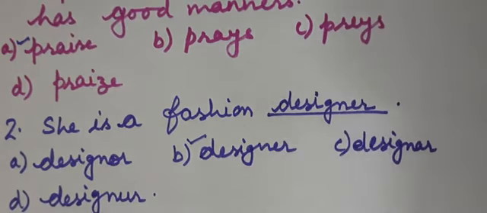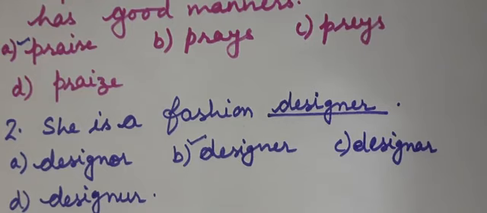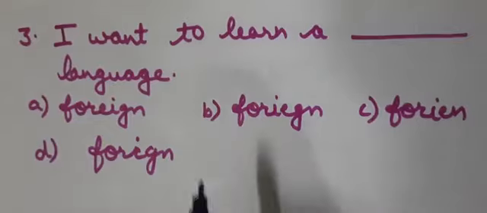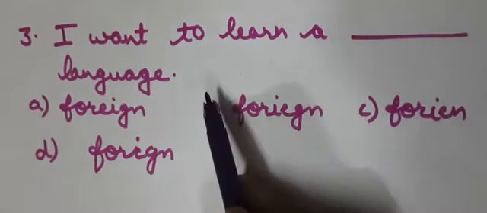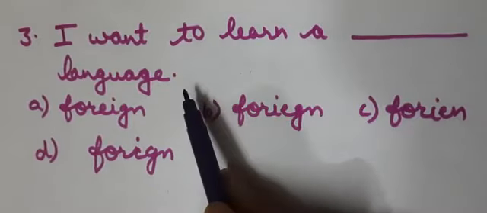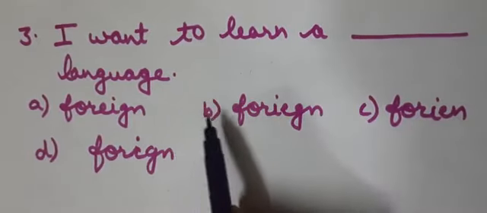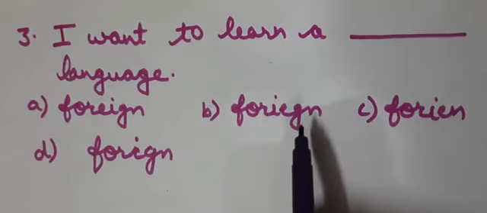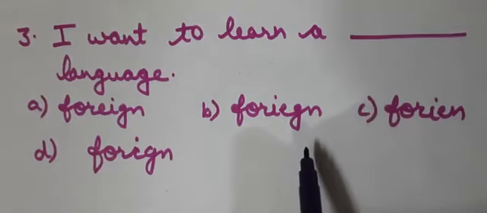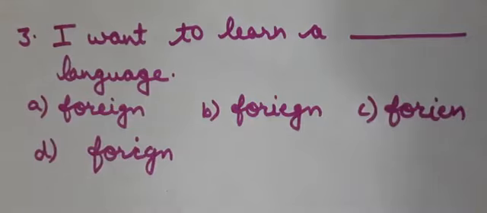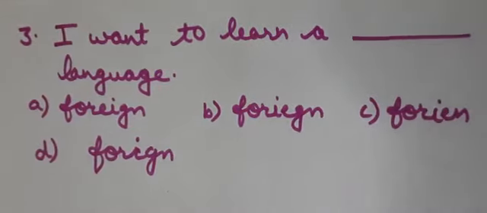I hope you understood. Let me show you another example for the same. Now the third example is: I want to learn a dash language, foreign language. So here you came to know that the answer will be foreign, but you have to find out the correct answer. Which option will be the correct one?